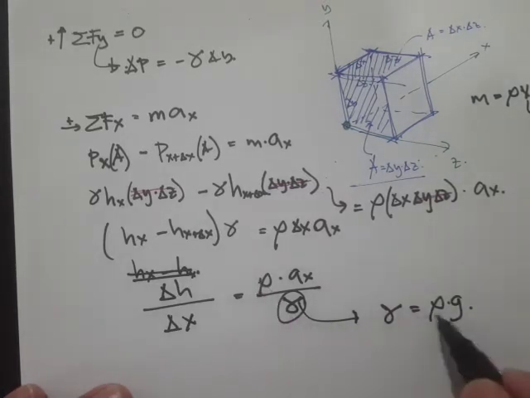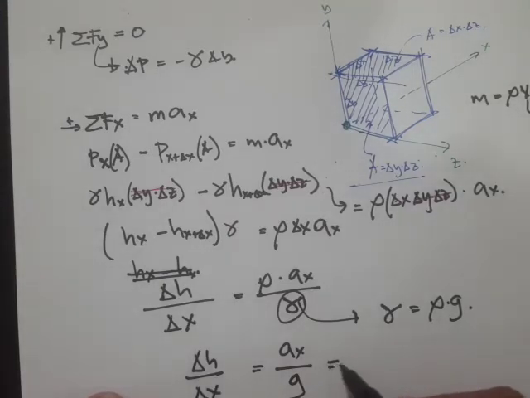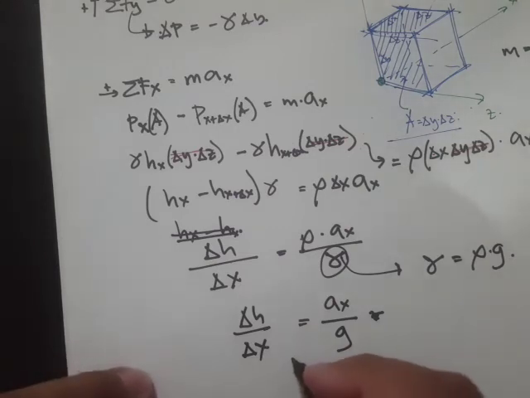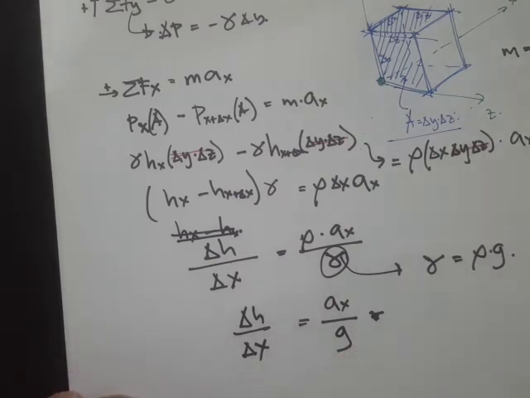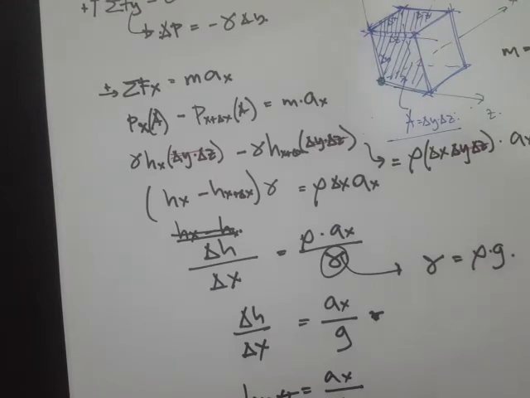So rho divided by rho, what we get is a sub x over g, and delta h over delta x, from the trigonometric relations, is just equal to tangent theta. So tangent theta is equal to a x over g.